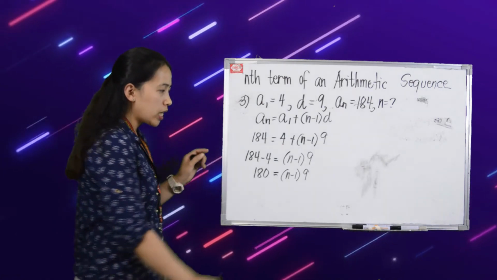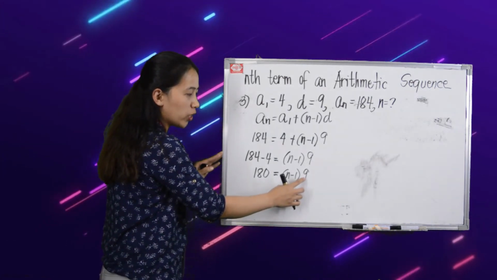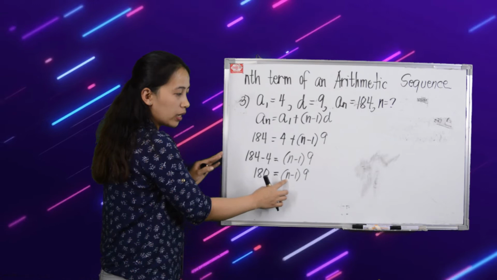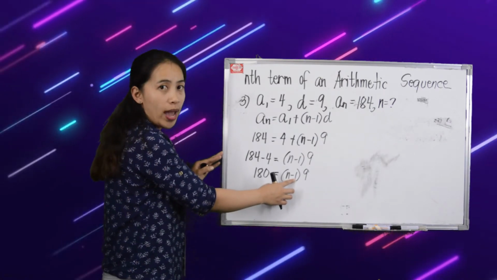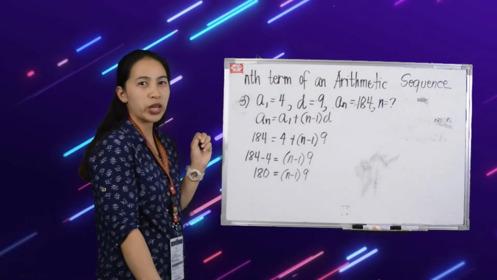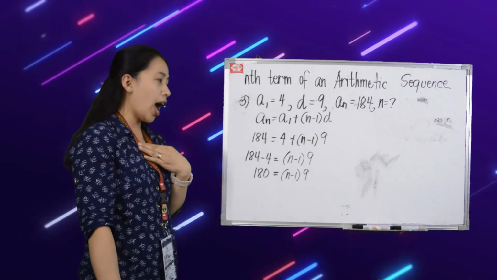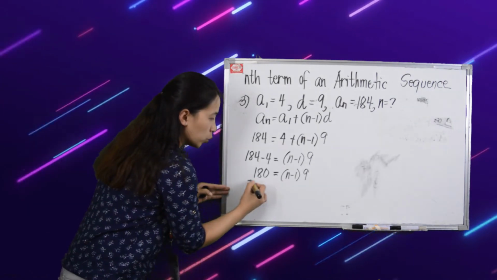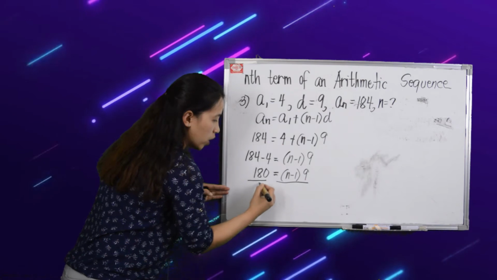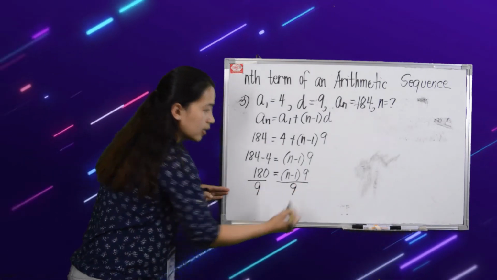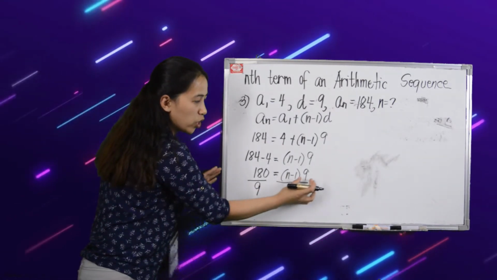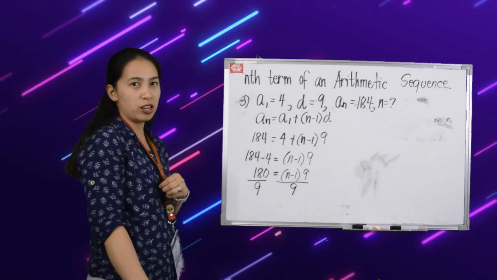How can we isolate n? I'm sure some of you will say, distribute 9 to n and to negative 1. Yes, you may do that. But for me, I would prefer to divide both sides of the equation by 9, since the operation between these two is multiplication.